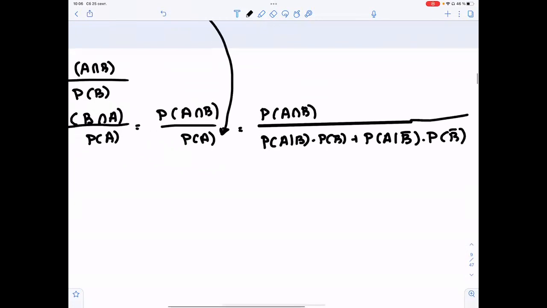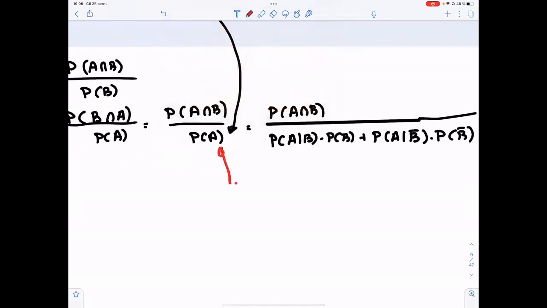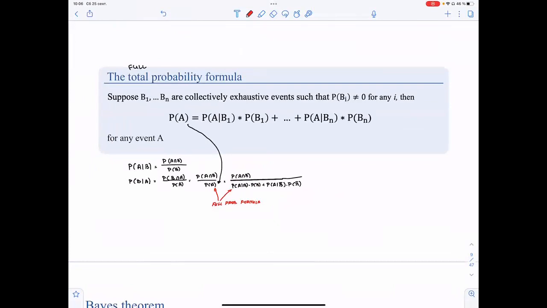All right, so what I did, I just applied the full probability formula that we practiced with the machines operations and all of that.